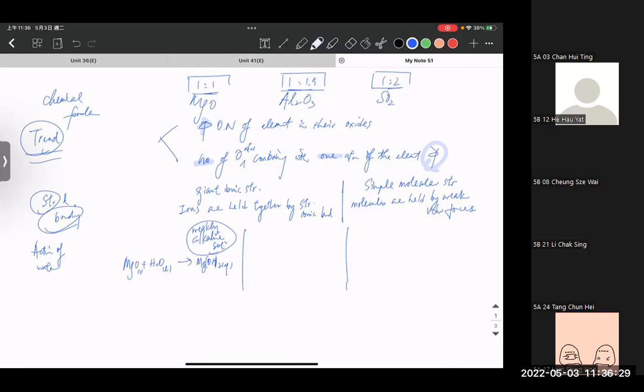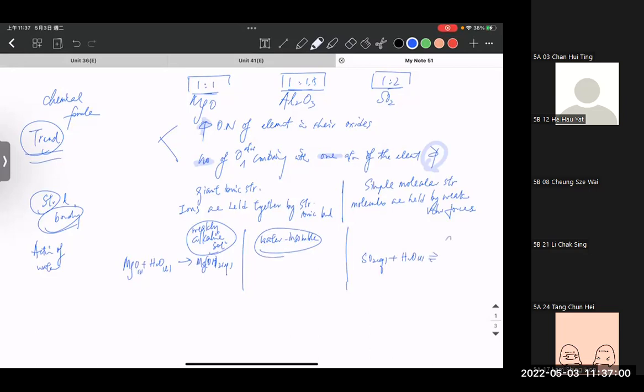Aluminium oxide is insoluble, so there is no reaction. Yes, water insoluble oxide, so no reaction. How about the last one? SO2 will react to give an acid, sulfuric acid, H2SO4, is it?